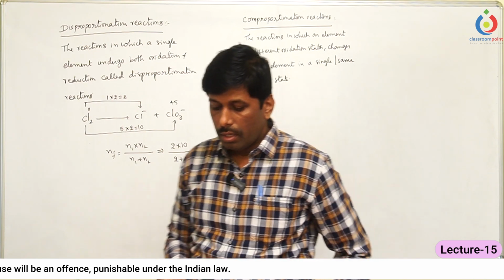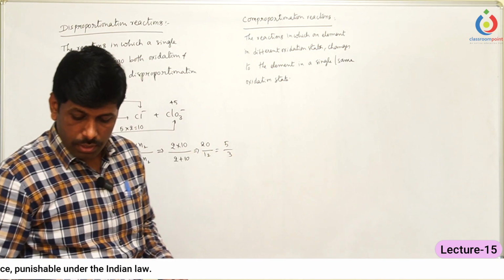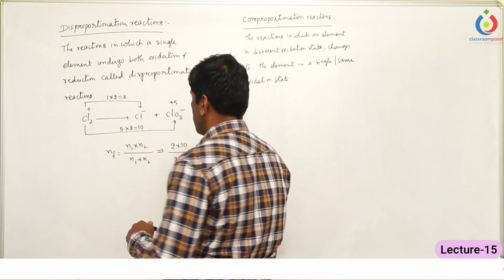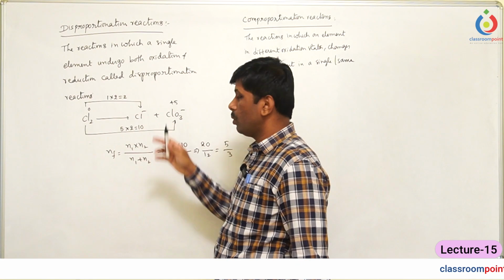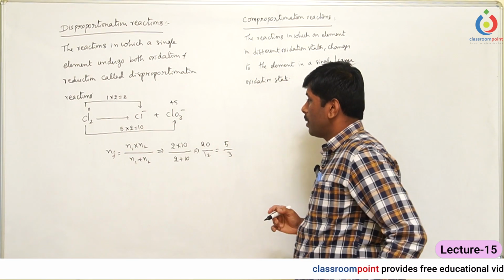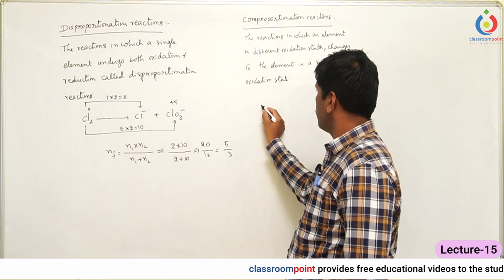So it is exactly opposite to the disproportionation reactions. In disproportionation reactions, one species converts to two different species in different oxidation states. But in comproportionation reactions, it is not like that.